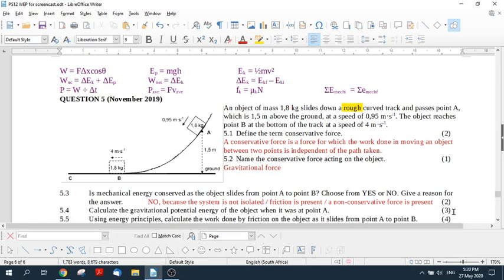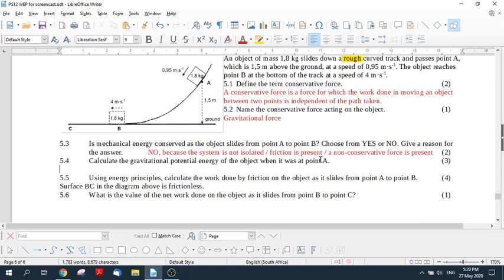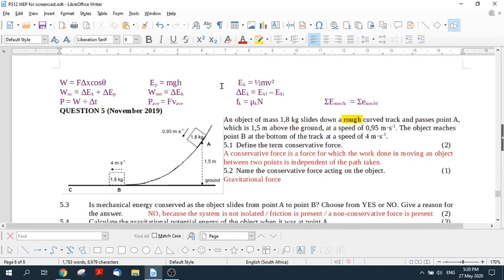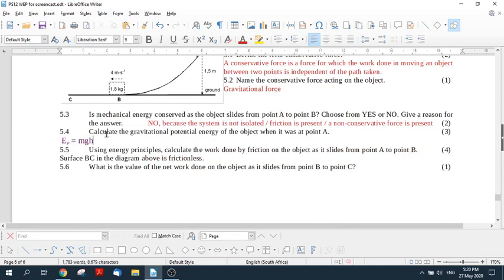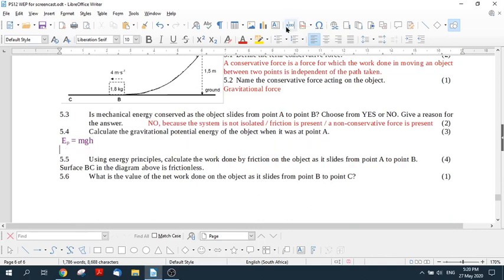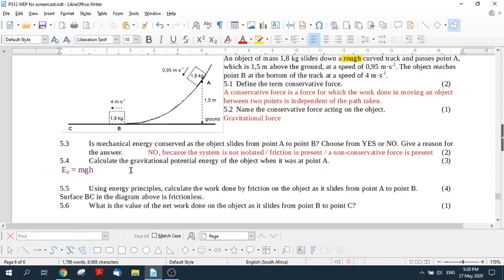Then it says, calculate the gravitational potential energy of the object when it was at point A. So gravitational potential energy is given by this formula, EP equals mgh. So what will the potential energy be?